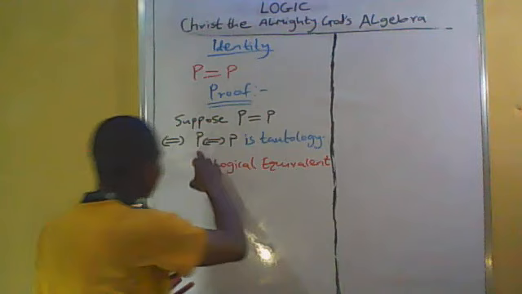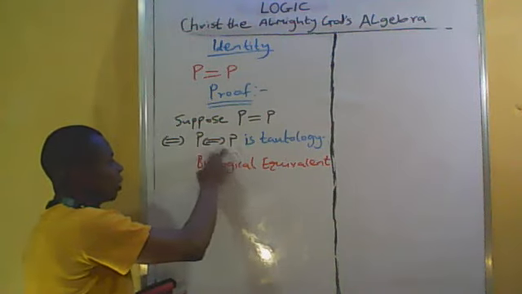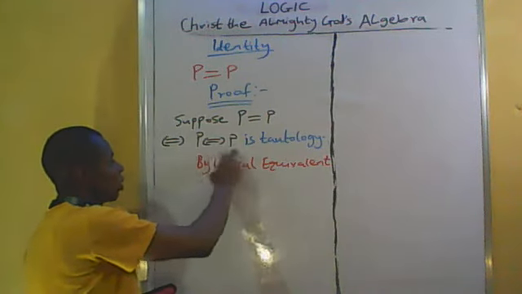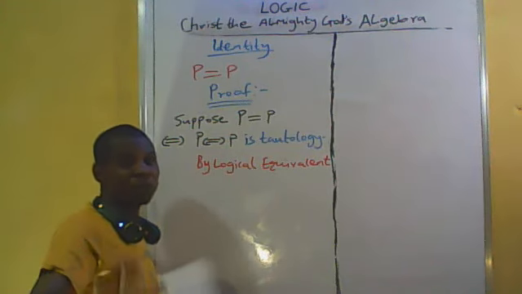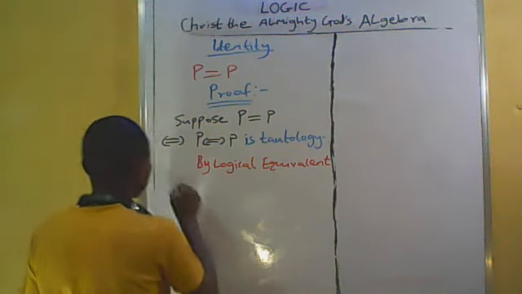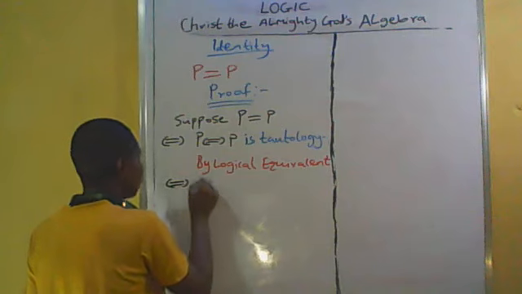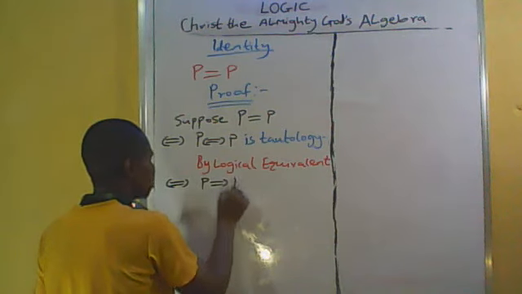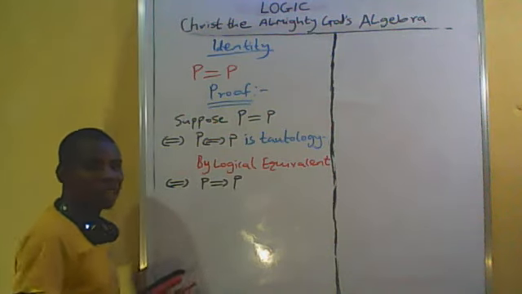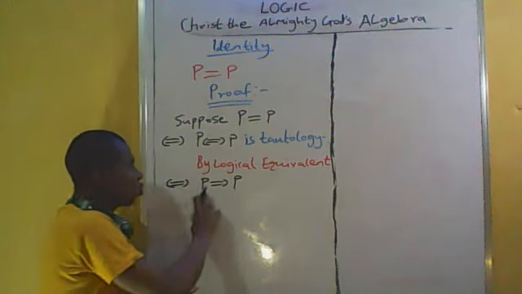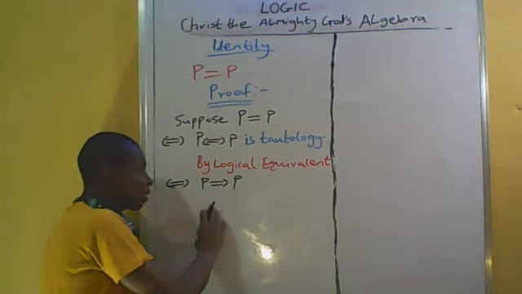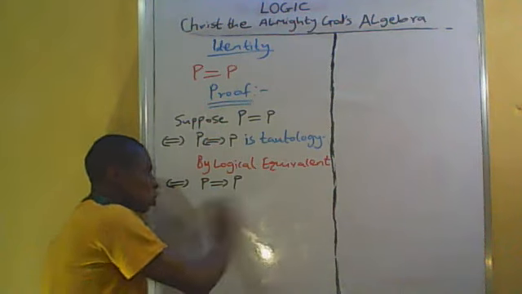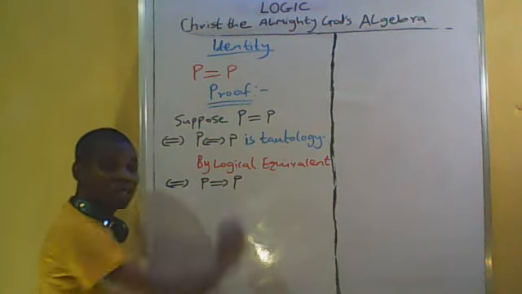Since this statement P if and only if P is tautology, we can also transform it to conditional statement and it will still preserve tautology. That means P implies P. You find out that whenever the antecedent is true, the consequent is also true. So if this statement is always true, we say that it is tautology.